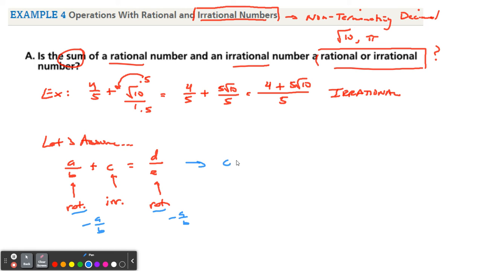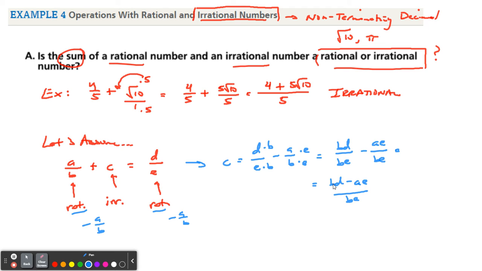The C is left alone, and over here we have D over E minus A over B. Common denominator, so multiply this by B and B, and multiply this by E and E. So BD over BE minus AE over BE, and that's going to combine to BD minus AE all over BE.